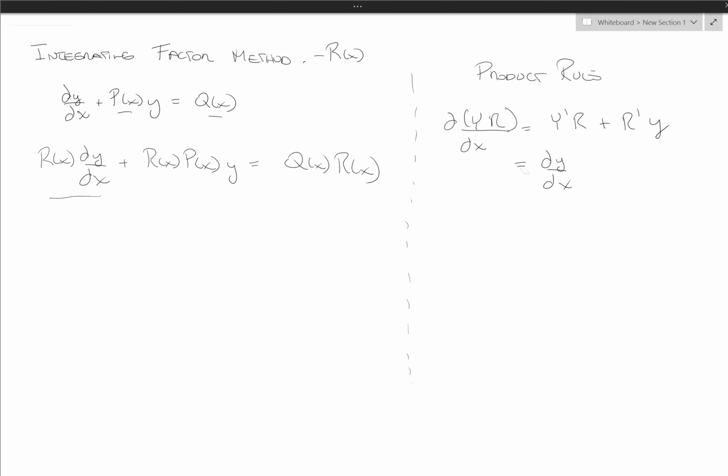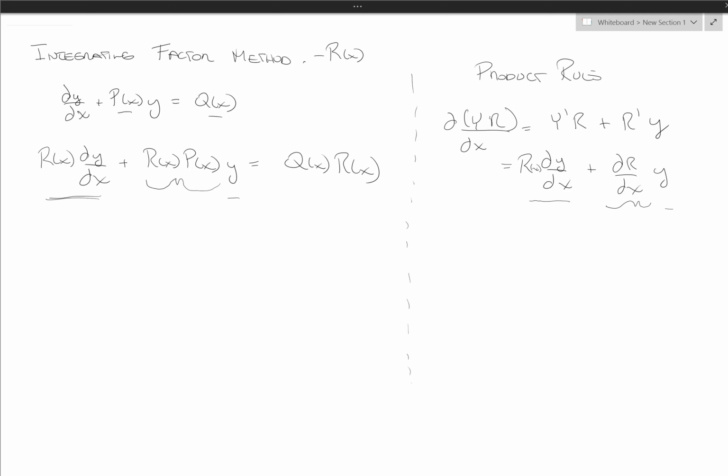So I'll just move this over a little bit. Say r times dy/dx plus dr/dx times y. Okay, so we have this guy, this guy, and y is here, but this is the difference between the two.